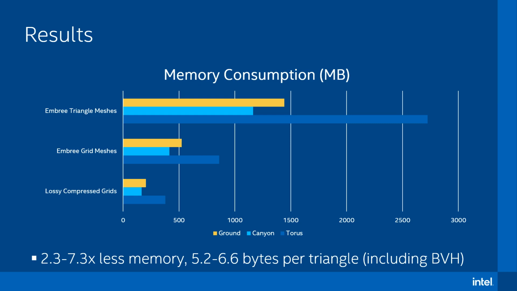Here, our approach requires roughly between 250 and 400 megabytes of data, which is 2 to 7x less memory compared to the competing approaches. Including BVH data, we roughly require just between 5 and 7 bytes per triangle.